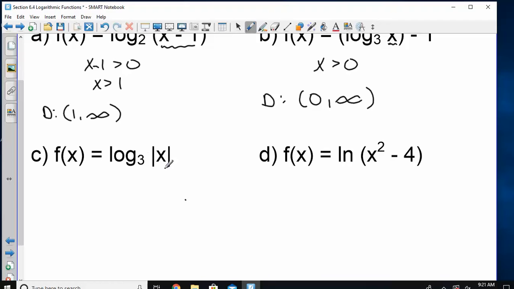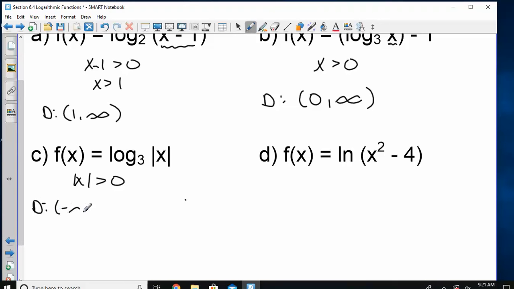We know that the argument has to be positive, but what do you know about an absolute value? It's always positive. Okay, but there is one number this can't equal: 0. If I put in a negative x, the absolute value will make it positive. If I put in a positive x, we're good. But if I put in 0, I get 0. And is 0 greater than 0? No. So my domain is everything but 0 here.